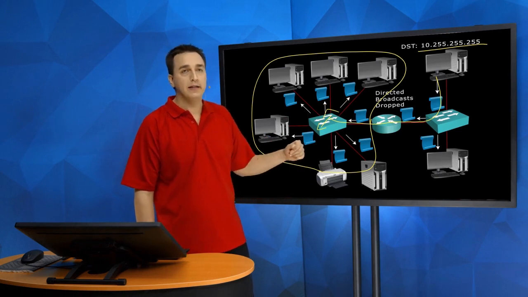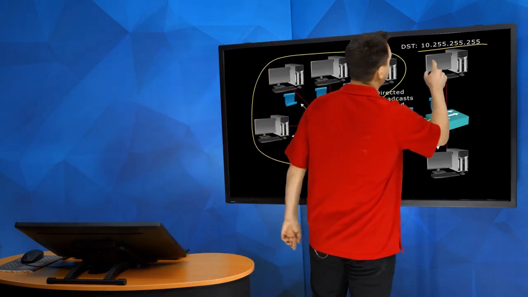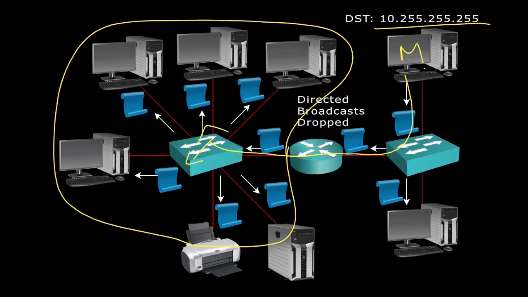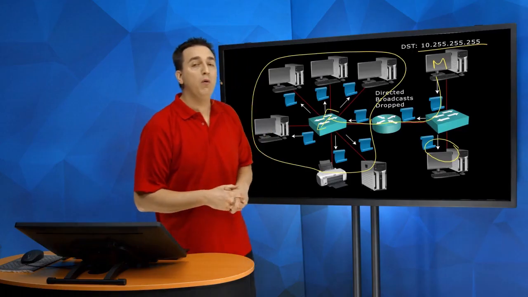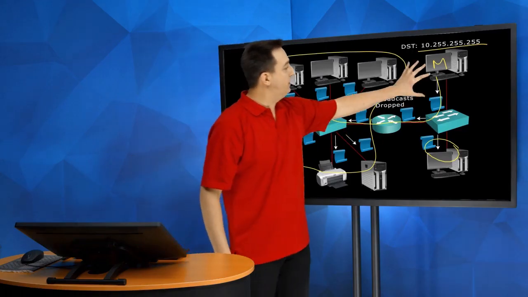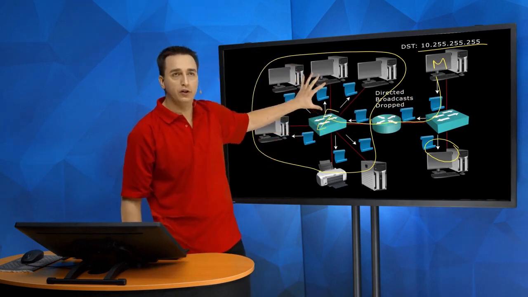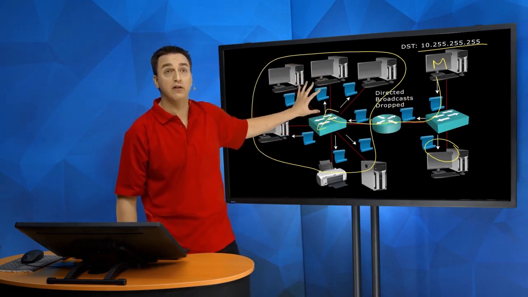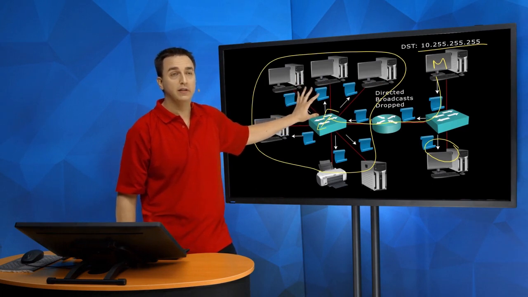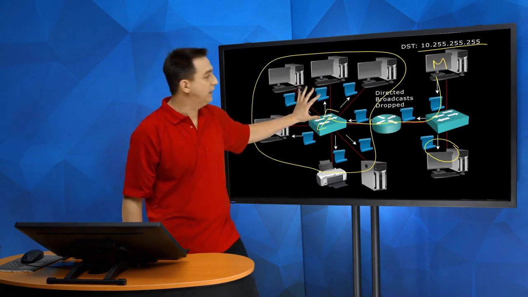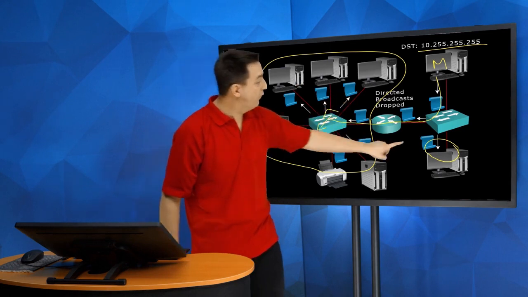So what would happen is, let's say this is our malicious user up here. This malicious user wanted to hurt this device down here. So how do we cause a denial of service attack? Well, what we could do is send traffic over here to the directed broadcast address of 10.255.255.255, but spoof the packet from this PC here.